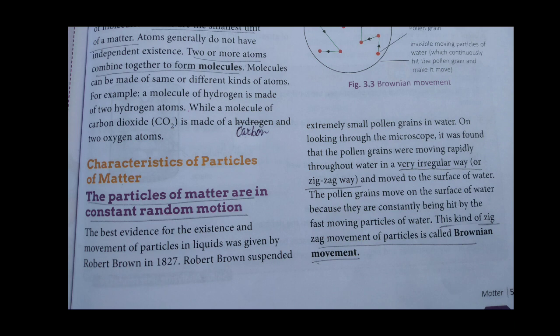Now what is zigzag? It means irregular. What is irregular? Random, here and there. When you go to prayer, you go in a straight line. But if you do not go in a straight line, somebody is running in one direction, someone in another direction, a few people in other directions, then that movement will be called irregular movement, random movement, or zigzag movement.